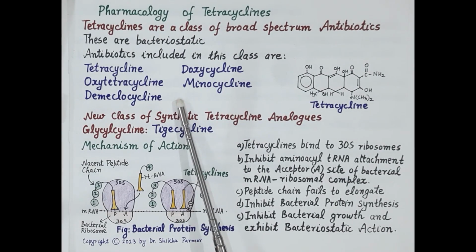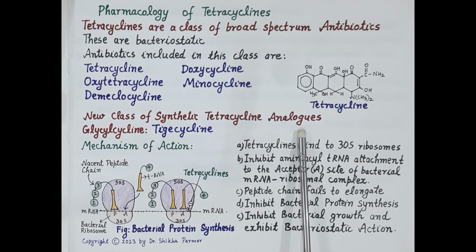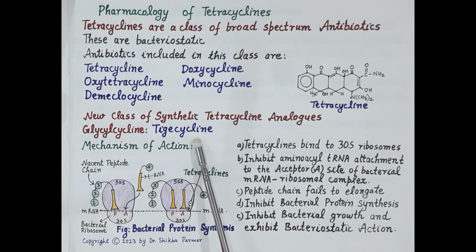In addition to this conventional tetracycline class of antibiotics which are obtained naturally or semi-synthetically, there is a new class of synthetic tetracycline analogues named as glycylcyclines. Tigecycline is the antibiotic in this class.